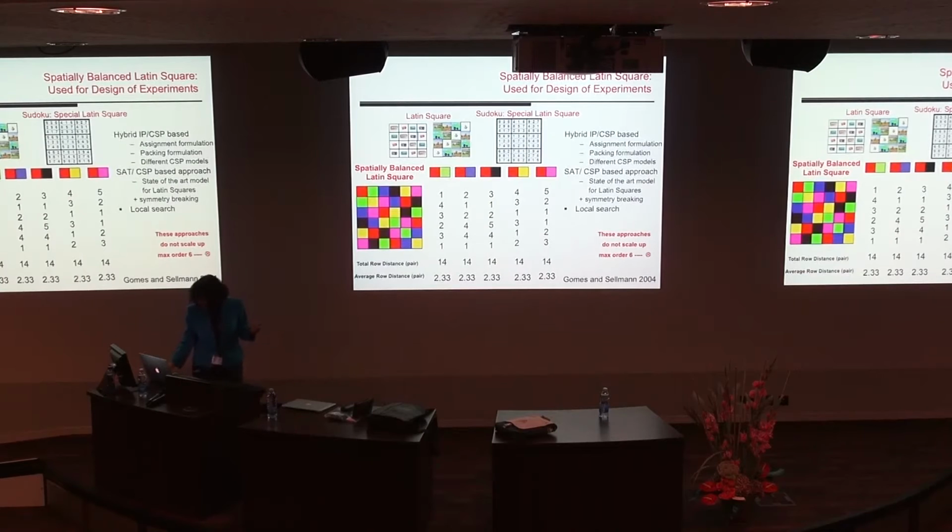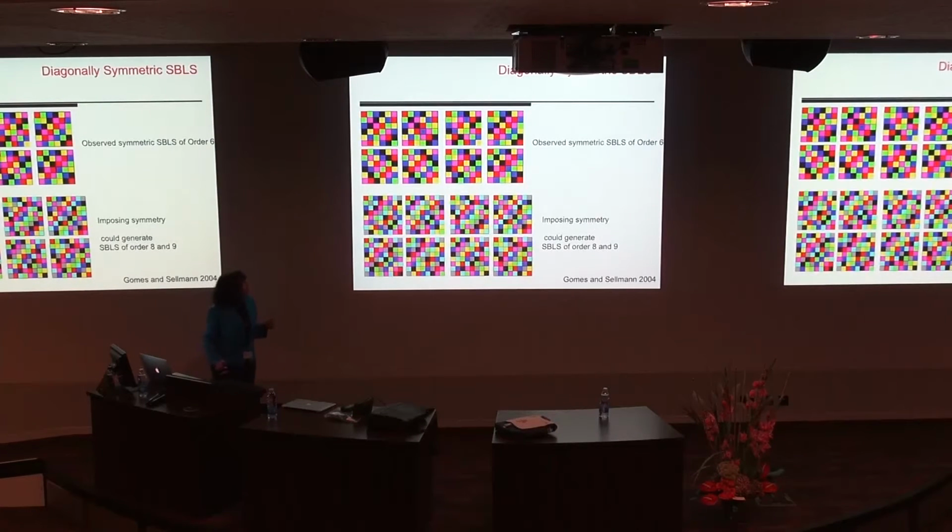So how do we go about solving it? Well, I remember with Meinhof, we would look at solutions and start seeing some structure. For example, a lot of the solutions were symmetric. So an obvious thing we started thinking was, why don't we impose additional structure? Say, I want a spatially balanced Latin square that is also symmetric.